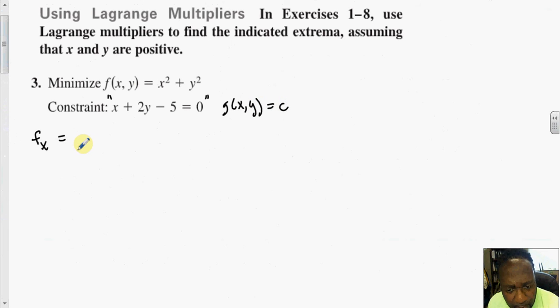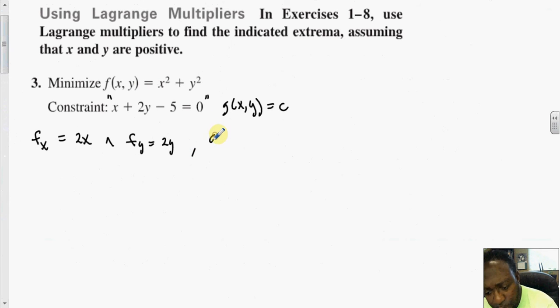So the partial of f with respect to x is 2x. The partial of f with respect to y is 2y. And then the partial of g with respect to x gives us 1. Then the partial of g with respect to y is equal to 2.